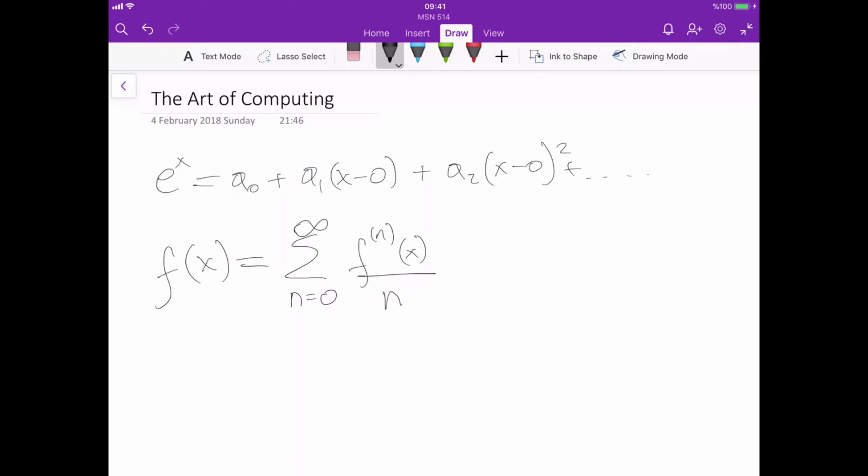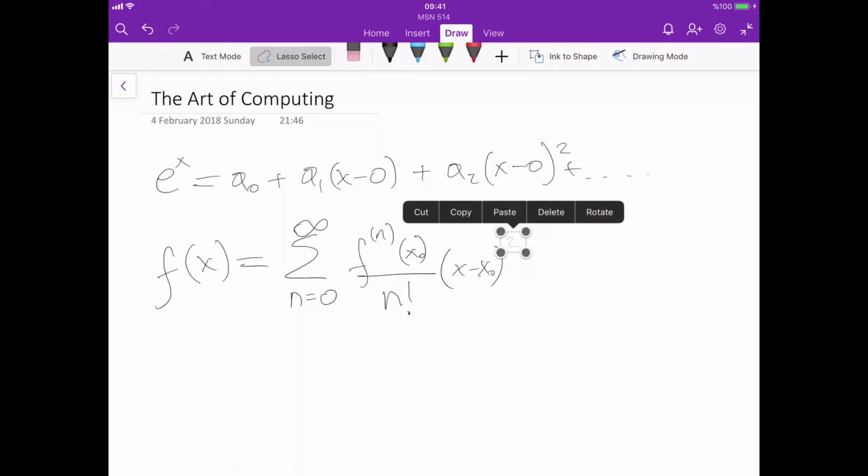Divided by n factorial times (x minus x0) to the n, and this is x0. Do you agree? Everybody agrees? This one? Which one? Ah, sorry. Let's erase this.